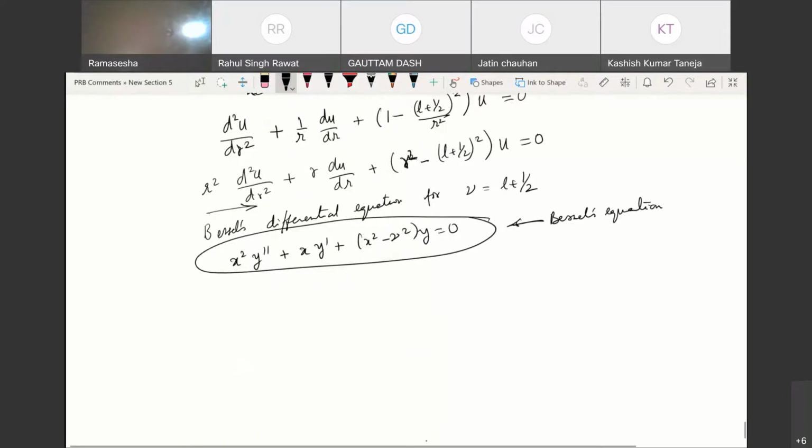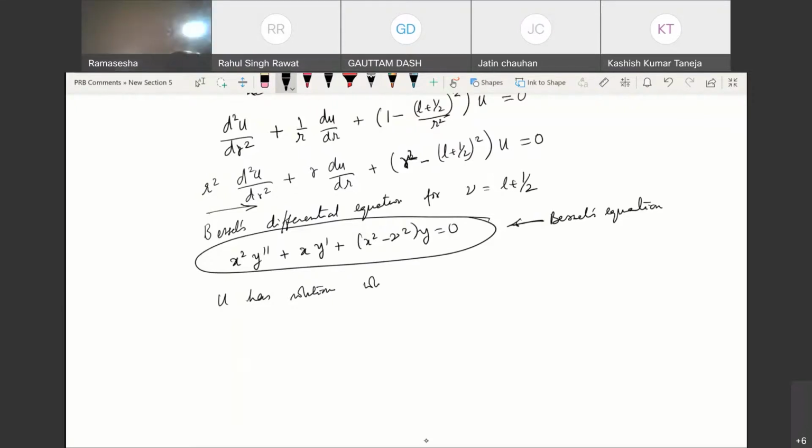And once we have this, u has solutions corresponding to nu equal to L plus half.